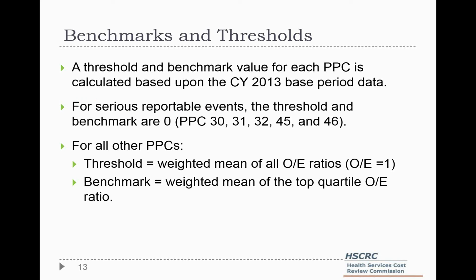These 5 serious reportable events, or sometimes we call them never events, were determined in collaboration with stakeholders, and they may change over time. For all other PPCs, the threshold is equal to the weighted mean of all the OE ratios, which comes out to equaling 1. And the benchmark is the weighted mean of the top quartile of OE ratios.